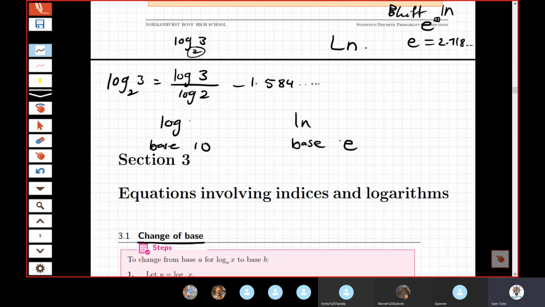Now, the reason why these are good is because this whole topic is called what? Logs and exponentials. And I did say at the beginning that these two are opposites of each other. So what we want is a form of log that would work well with its opposite value.